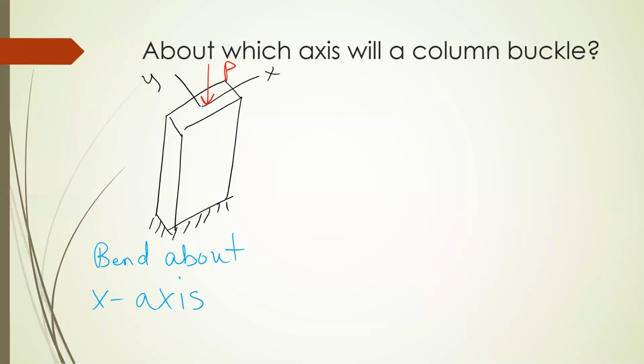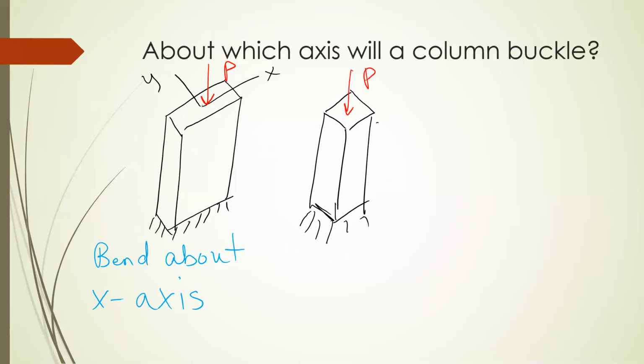But what if I have a square? We could choose? Pick and choose. Is that your way of saying it's arbitrary?